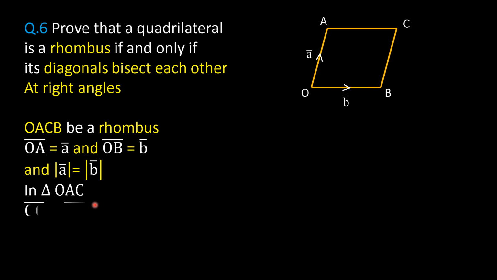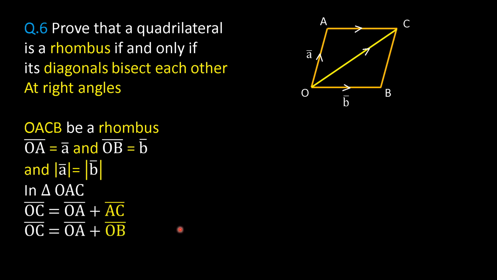And mod A bar equals mod B bar, which means length OA equals length OB. In triangle OAC, we have OC bar equals OA bar plus AC bar. But AC bar equals OB bar.